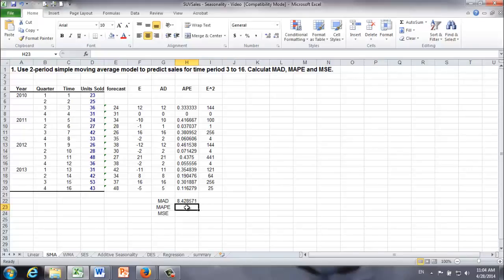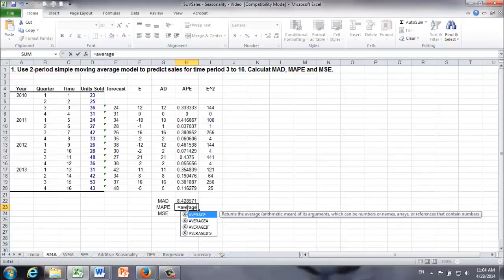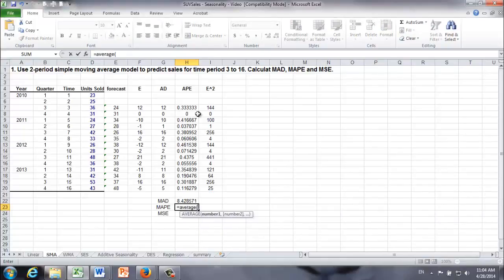Next, let's calculate MAPE, mean absolute percentage error. It's going to be what? The average of all those APEs we calculated earlier. But we want to convert them into percentage, so we're going to do something like this, times 100, return.